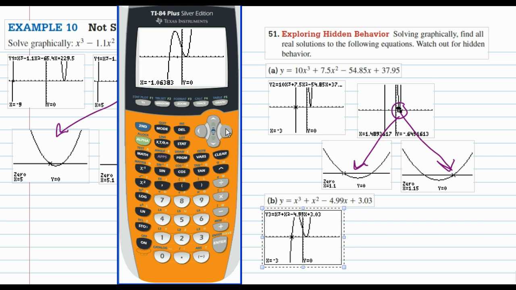I don't have any algebra to compare with this graph, so that makes life a little bit tricky in knowing whether or not I'm looking at hidden behavior or not. We are going to develop ways in this course to know whether you're dealing with hidden behavior or not, so keep your ears open for that.